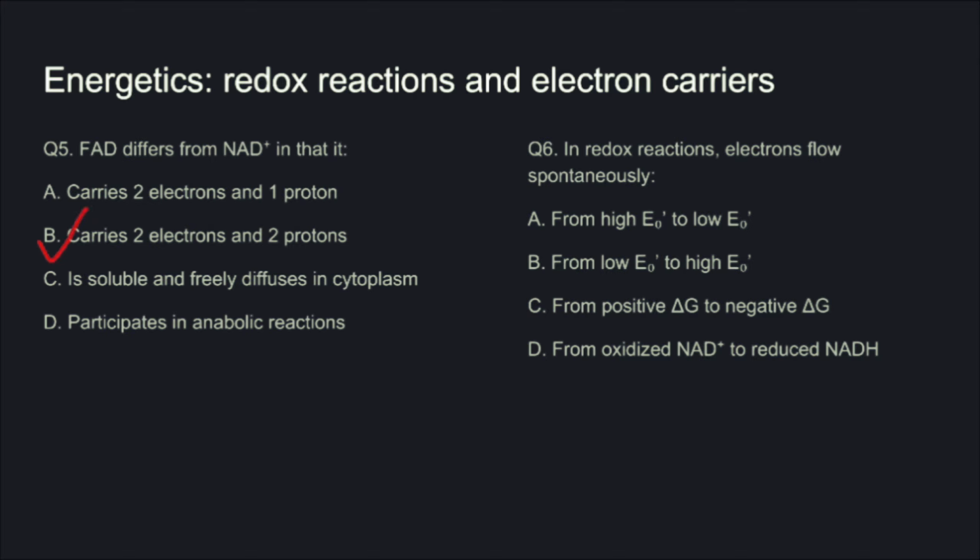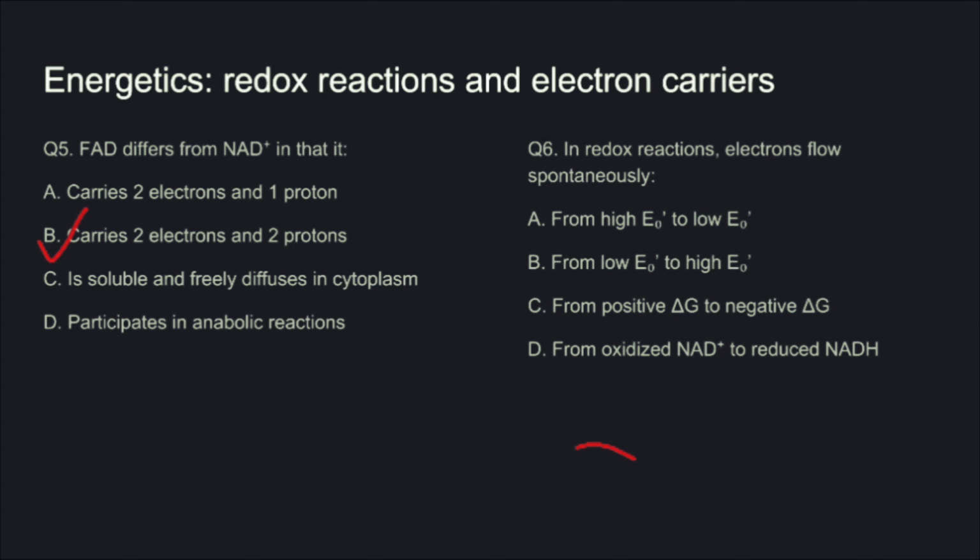Now question number 6. In redox reaction, electrons flow spontaneously. Options are A, from high standard redox potential to low standard redox potential, B, from low standard redox potential to high standard redox potential, C, from positive delta G to negative delta G, that is difference in energy, and D, from oxidized NAD plus to reduced NADH.